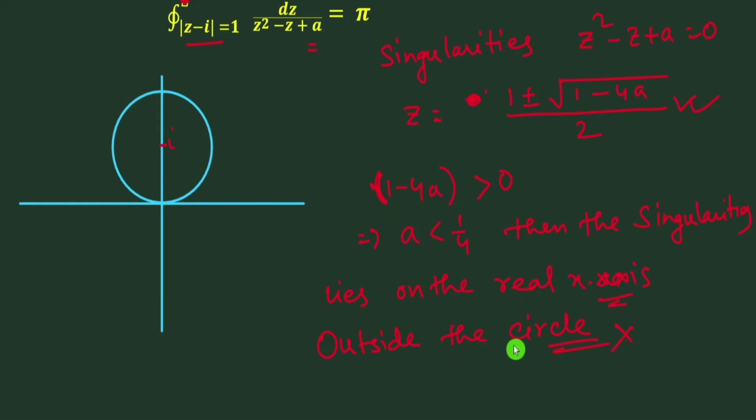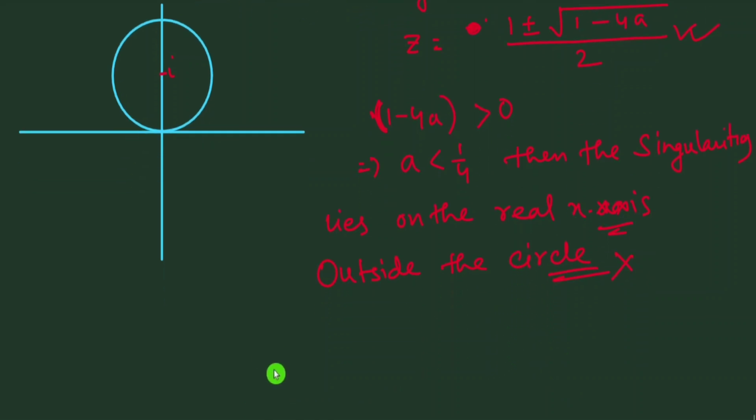Now if the 1 minus 4a term is less than 0, that means a is greater than 1 by 4, then we can write z equal to 1 plus minus root under 4a minus 1.